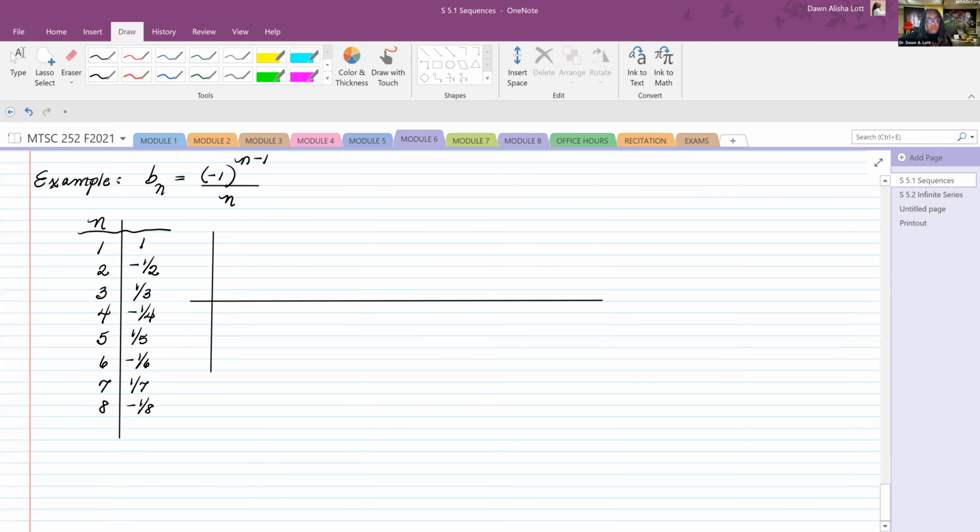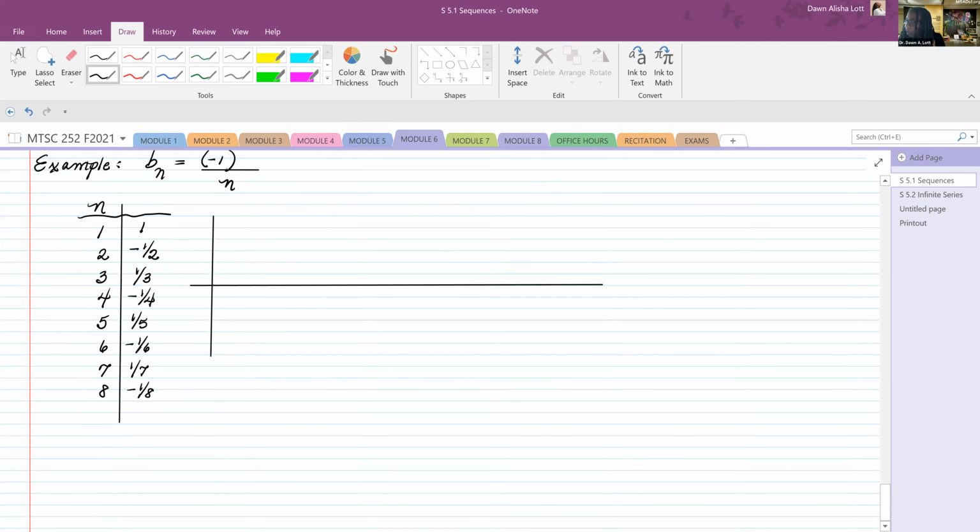So when n equals 1, I'm at 1. And when n equals 2, I'm at -1/2. And when n equals 3, I'm at 1/3. And when n equals 4, I'm at -1/4.